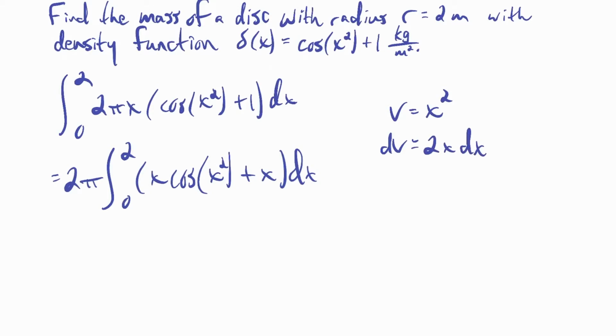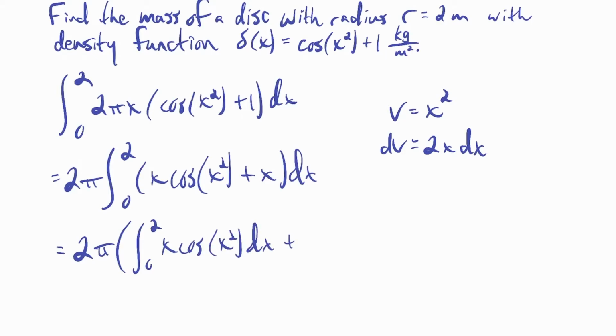And I'm going to need to split this integrand into 2 because this piece doesn't require substitution at all. I don't want to convert this into v. That would make things really complicated. So I'm going to have 2 pi times the integral from 0 to 2 of x cosine x squared dx plus the integral from 0 to 2 of x dx.